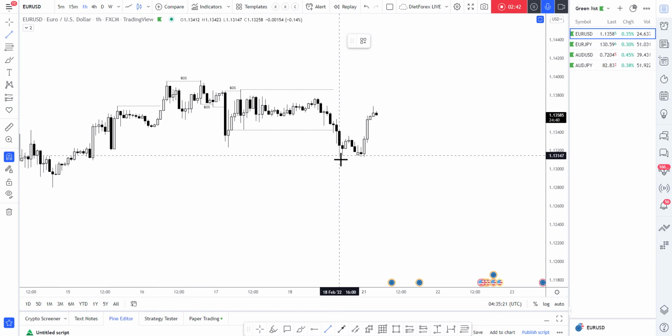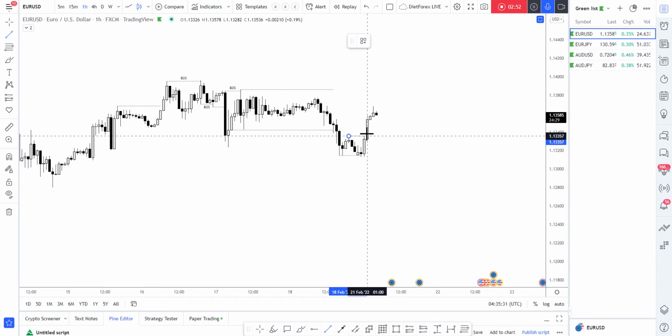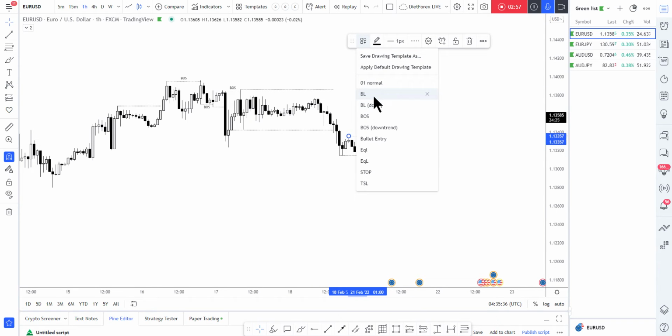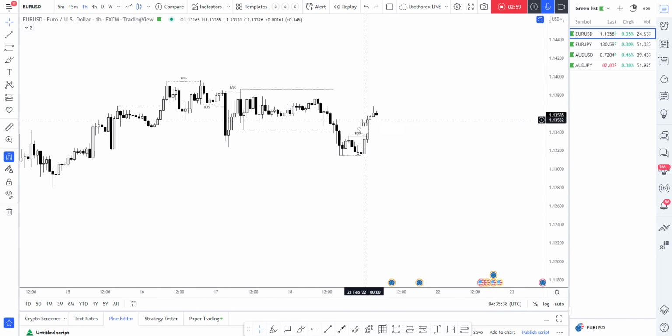We had this breakdown, and again, what happened is a weak break. After a weak break, a retrace and a reversal. So kind of a bit tricky.